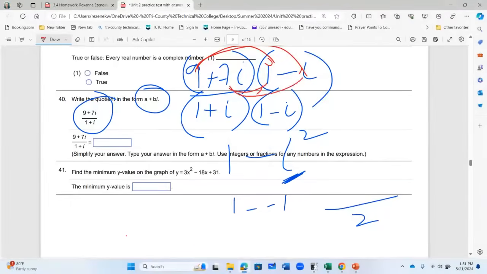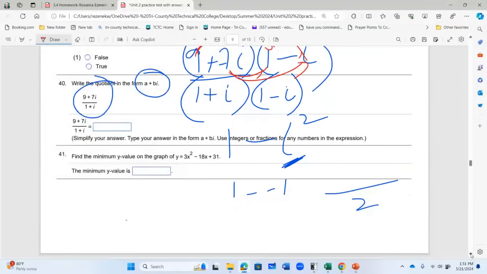Okay, so now I want to simplify the numerator. I already got the denominator. So let's simplify the numerator.